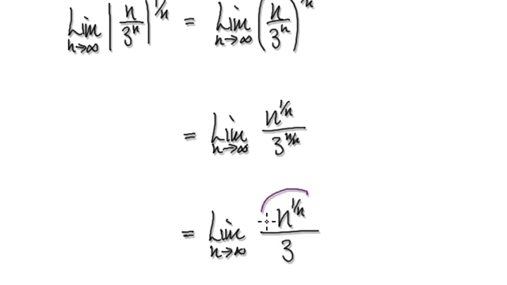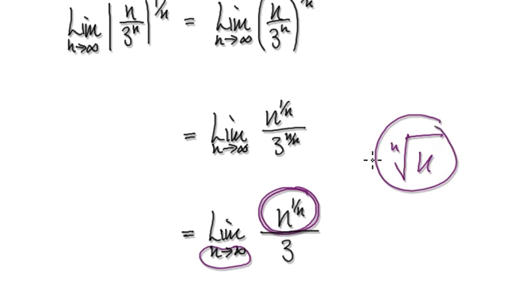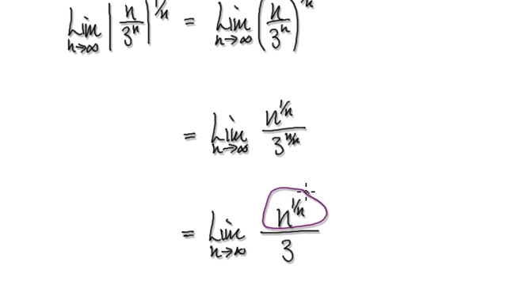So you should be able to tell that as n heads towards infinity, the limit of n to the power of 1 over n will head towards 1. We've done this many times in the past.